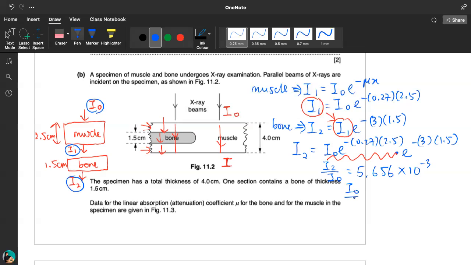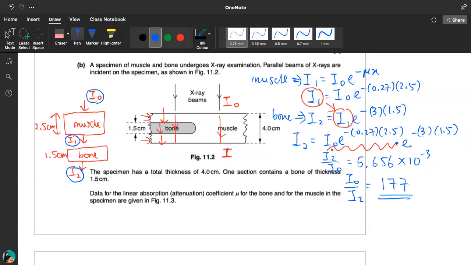Again, we flip it: 177. Okay, so the answer is 177. This is for number 2.